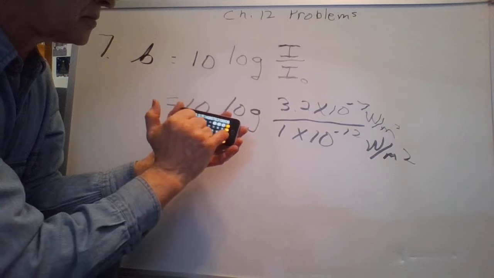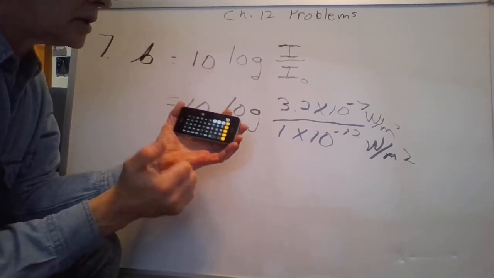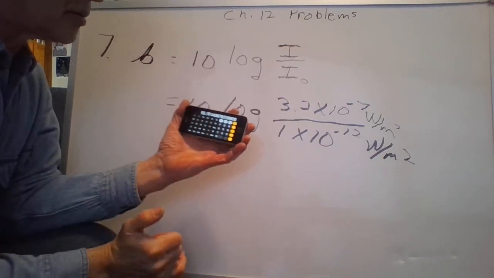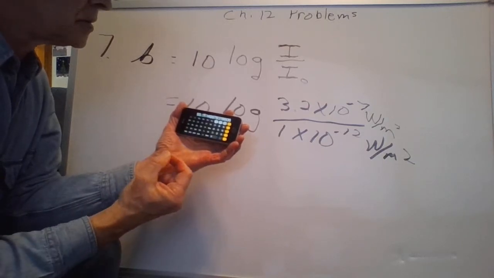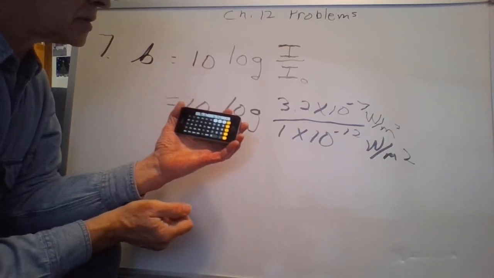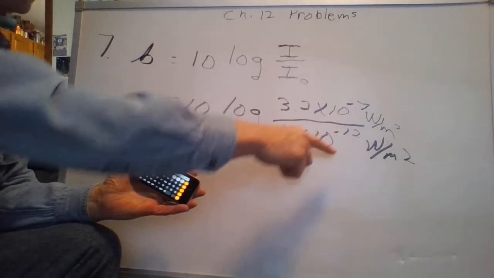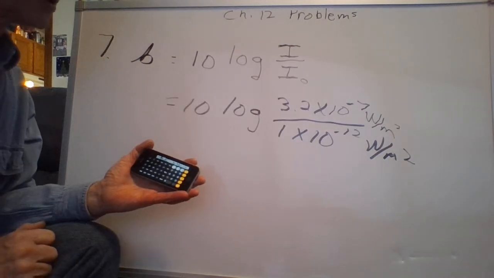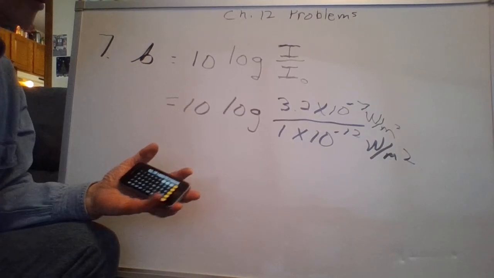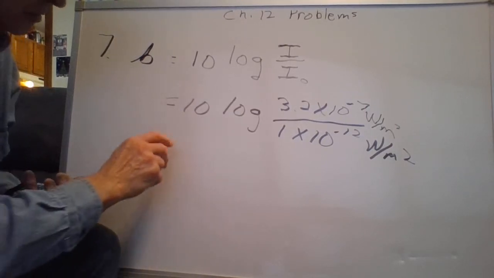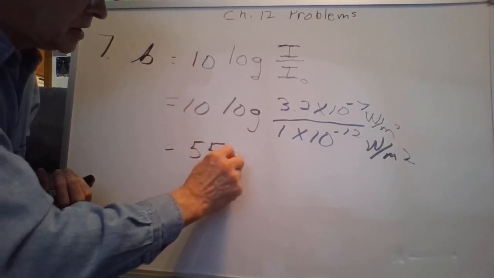And then, of course, times 10. That would be 5.5 bells, as they actually call it, named after Alexander Graham Bell. But the decibel, deci meaning tenth of a bell, would be 55. We said it'd be greater than 50 decibels. We estimated the difference in the log was going to be about 5. So 55. I'll write that down. 55, and the unit label is decibel.